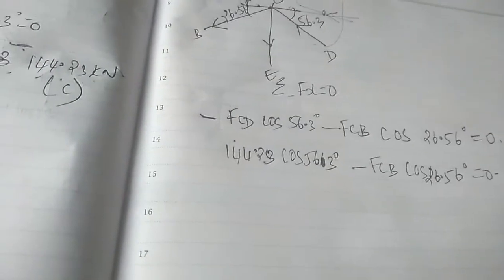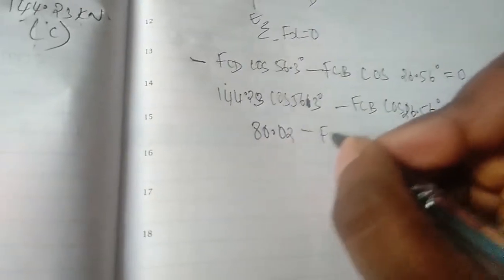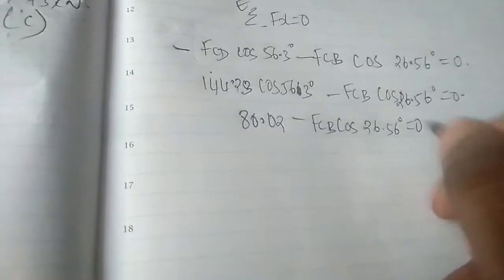So 144.23 cos 56.3 is nothing but 80.02, minus FCB cos 26.56 degree is equal to 0.